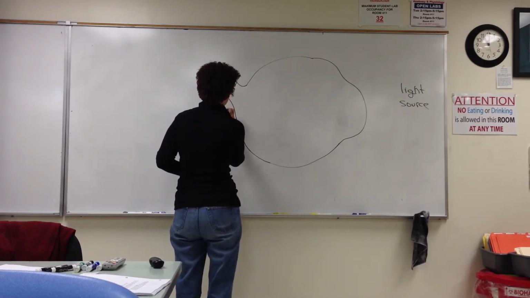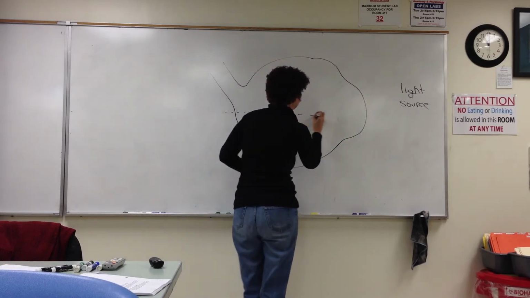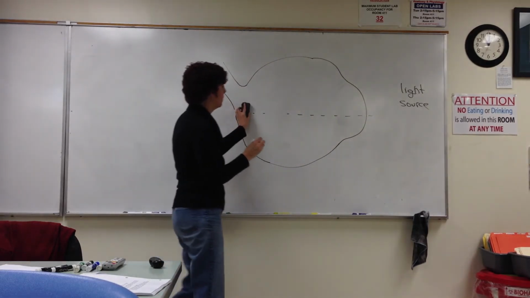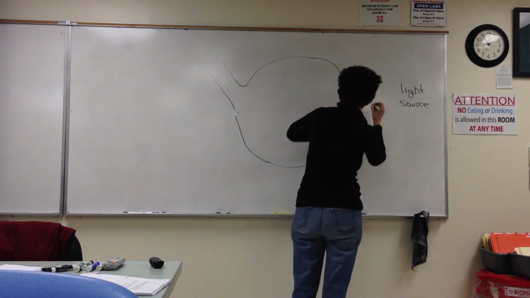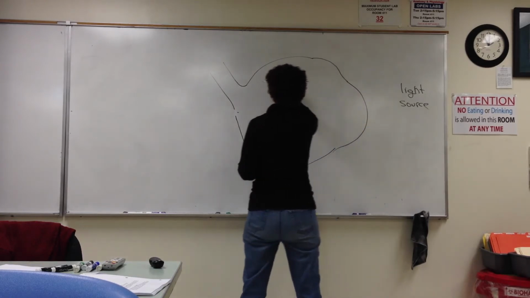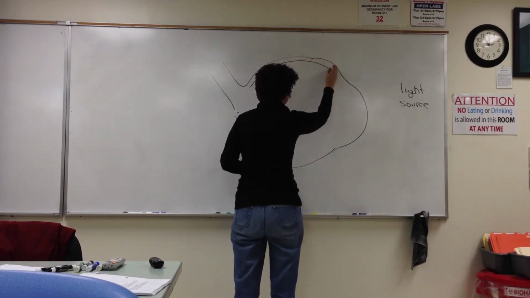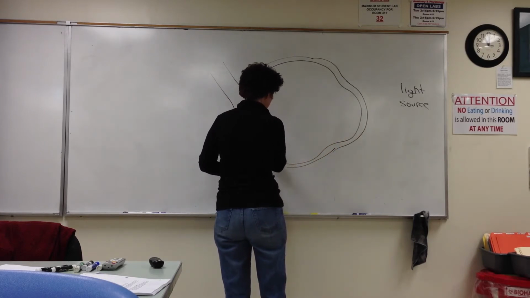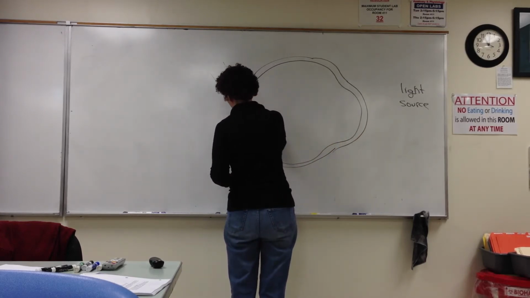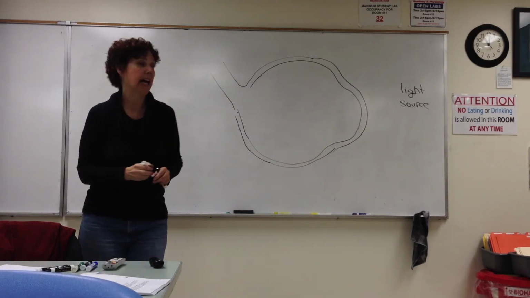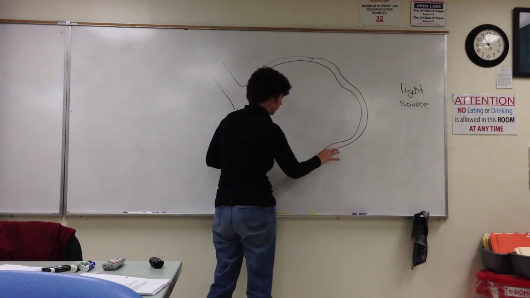So if I were to draw a line through here, this would be approximately where my fovea centralis would be. It's not quite in the midline. I don't want to draw every single aspect of every layer, but just enough to give you an idea of the region we're looking at.